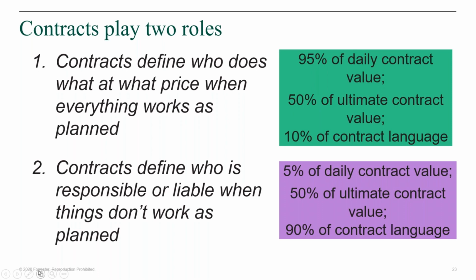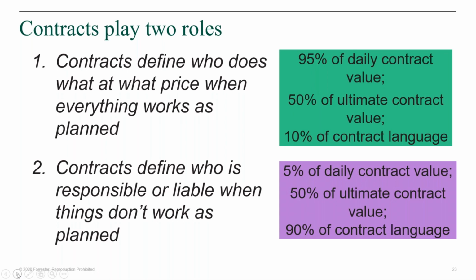They tell your systems what to do, what price to quote, what price to expect, what to sell, what to buy, etc. And ultimately, that's going to deliver half of the contract value to make sure you're getting what you expected. But ironically, only about 10% of contract language is devoted to this.